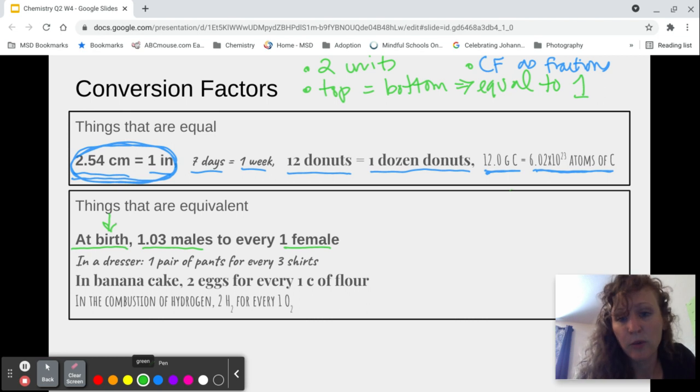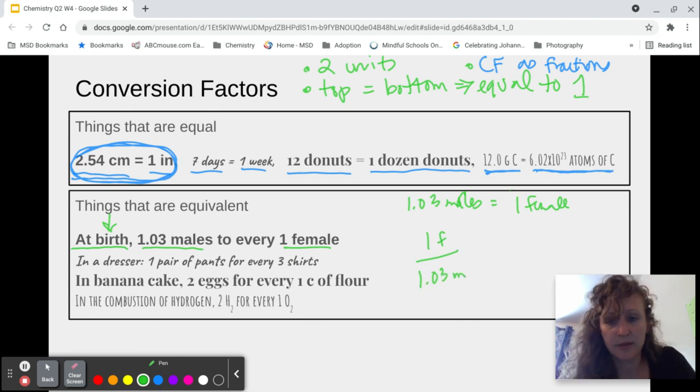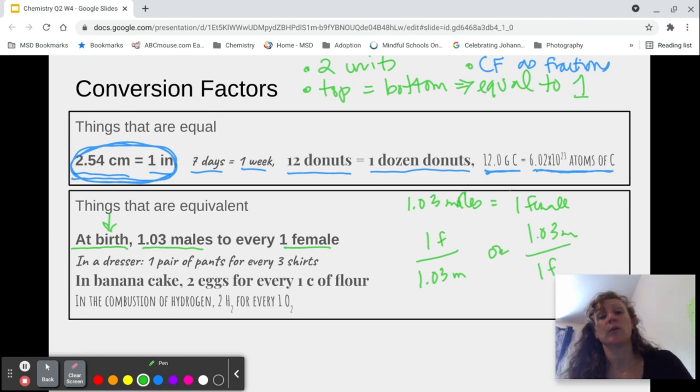At birth, 1.03 males equals 1 female, or 1 female over 1.03 males, or 1.03 males over 1 female, right?